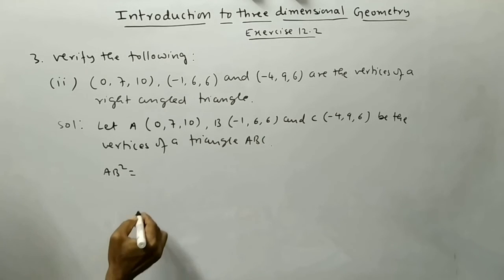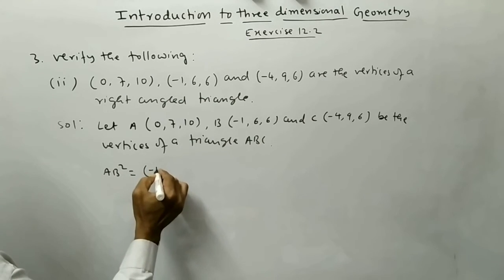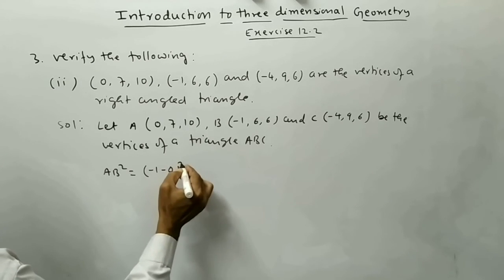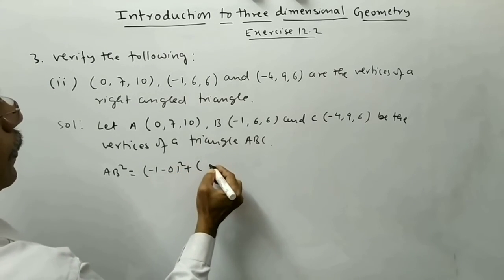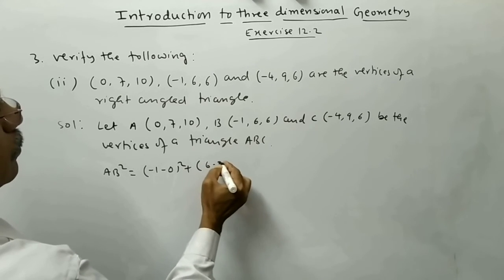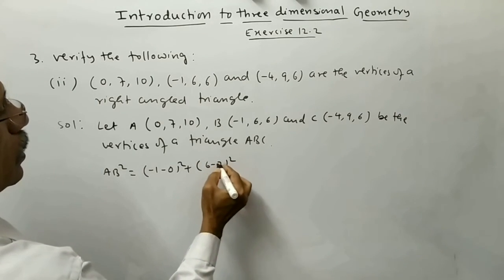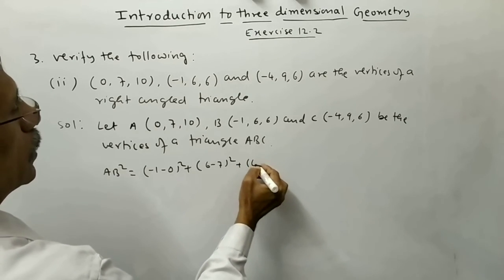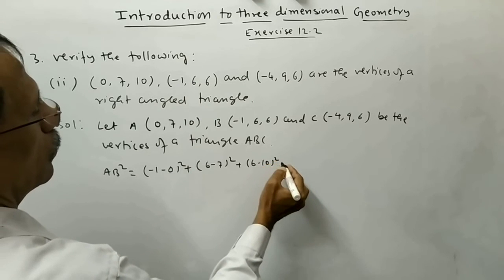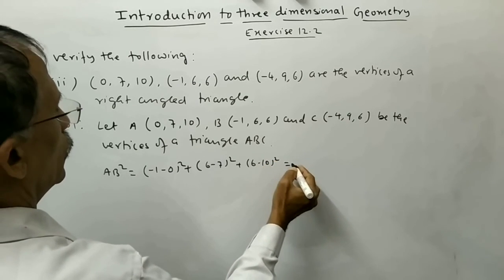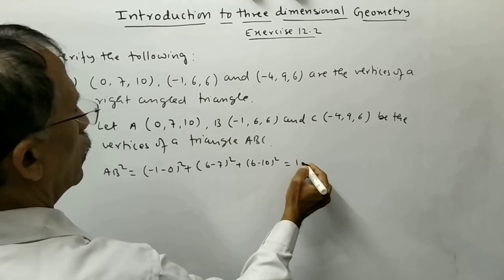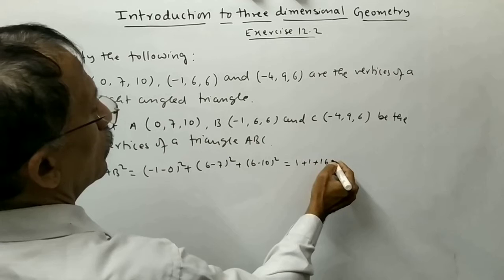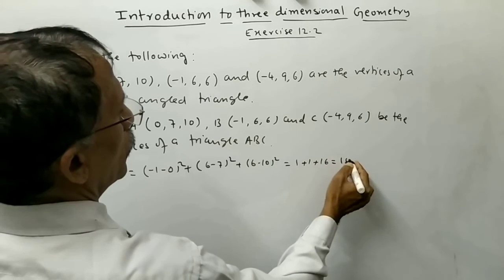AB square is equal to -1 minus 0 whole square plus 6 minus 7 whole square plus 6 minus 10 whole square, is equal to 1 plus 1 plus 16, is equal to 18.